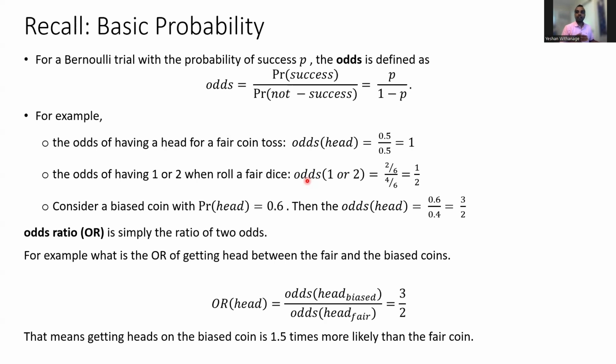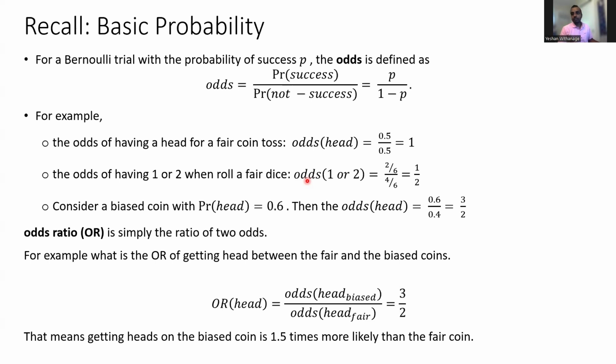Likewise, any outcome has equal probability. Now here we are interested in having 1 or 2. So we have two ways to get that. That is having 1 or having 2. So our probability of success is 2 over 6, that is 1/3.